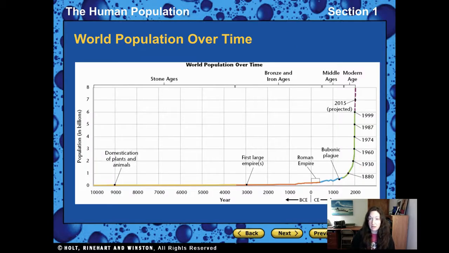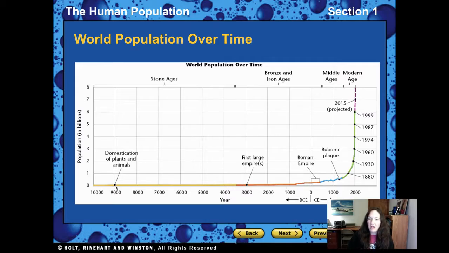So here is the world population over time for the last 10,000 years, or 12,000 years, it looks like. It goes all the way back to 10,000 BC. So again, we had our agricultural revolution about, it looks like 11,000 years ago, when we made farming plants and animals a part of our lifestyle. Then we had our first large empires in 3000 BC.